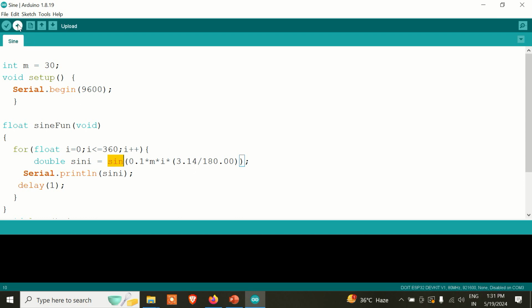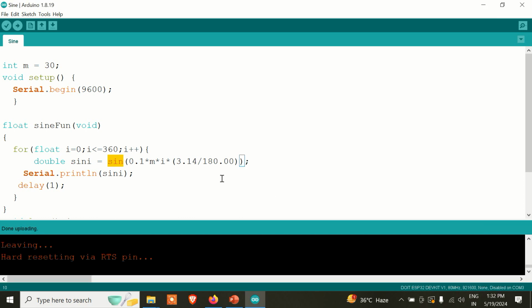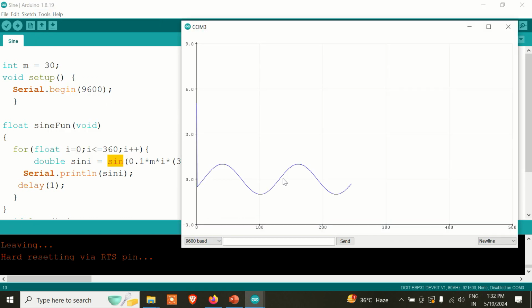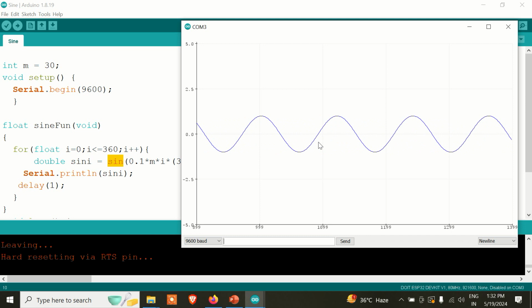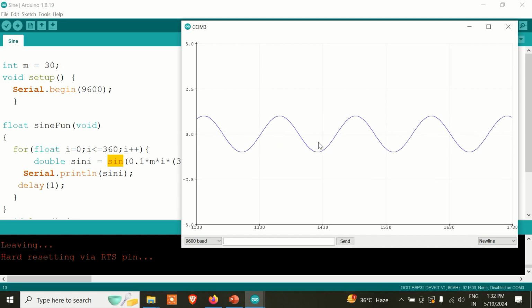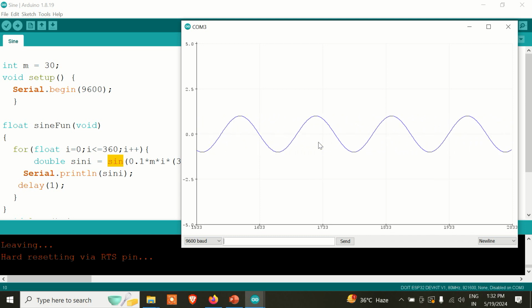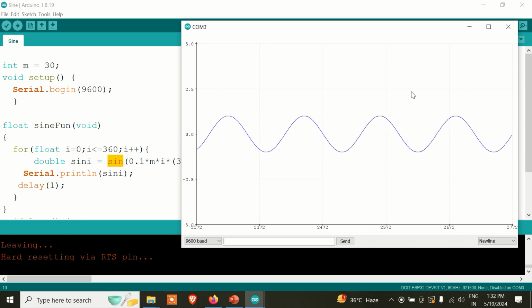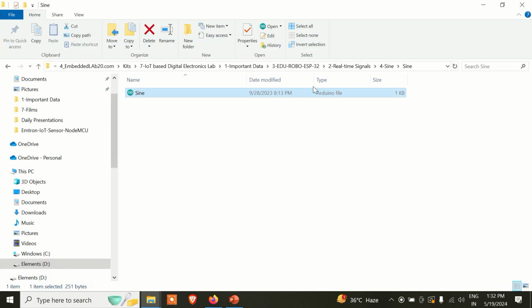Let's compile and download the program. So the program is loaded. Let's see the waveform. As you can see, the frequency term as well as the amplitude with a fundamental frequency in single frequency. Alright, so this is the sine function.